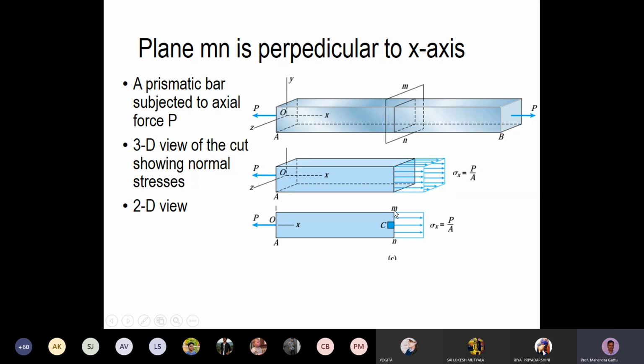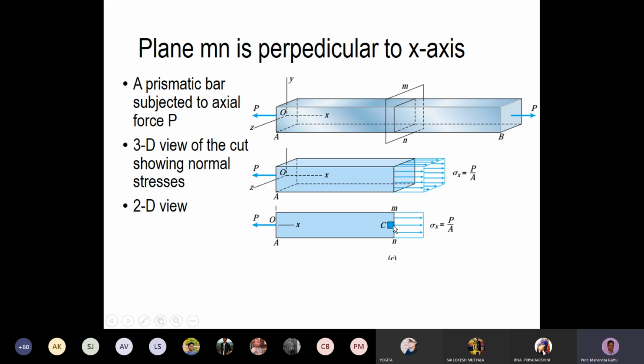You have to be careful that although this height h is shown here, the width, that is the thickness, is not shown in this figure. But you have to always imagine that when there is this cross section MN, there is a width in the z plane. So the actual area of cross section will be the height h times the thickness or the width. So the area A will be h times width.